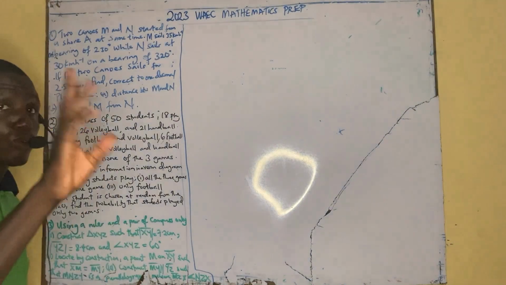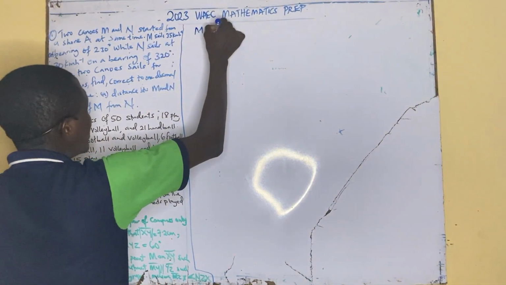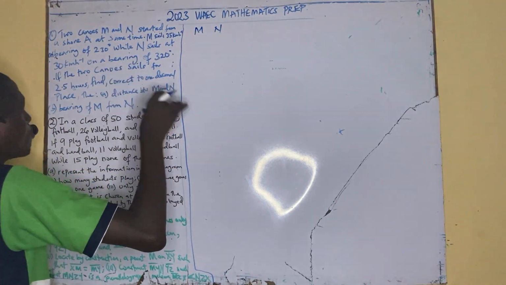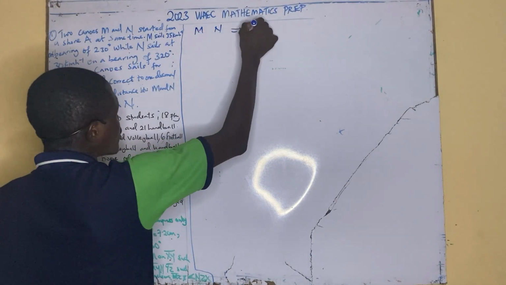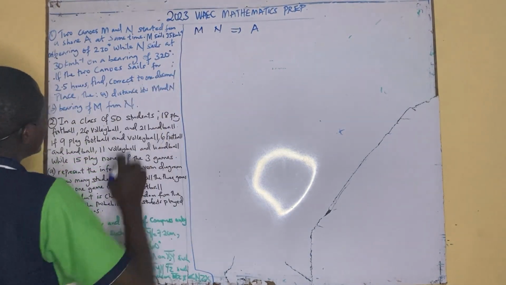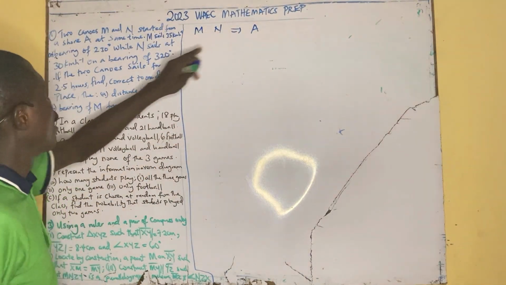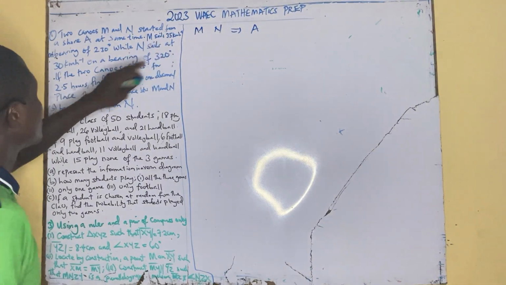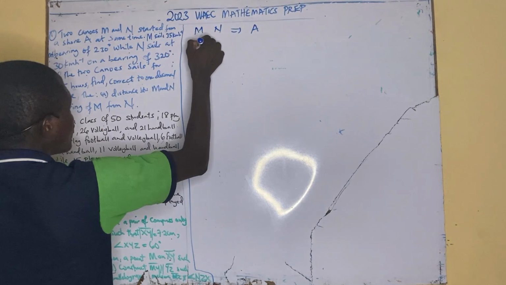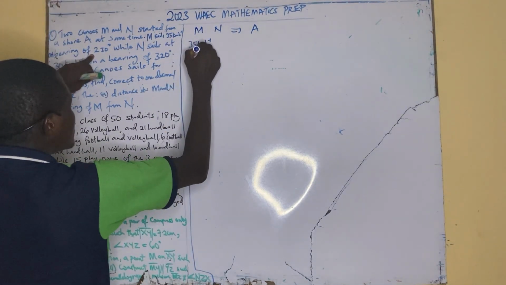We are told that two canoes, M and N, started their journey from shore A. So we have canoe M and N. They start their journey from A, and we are told that M sails 35 kilometers per hour on a bearing of 230 degrees.